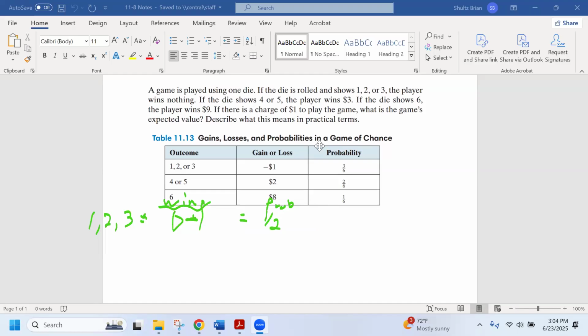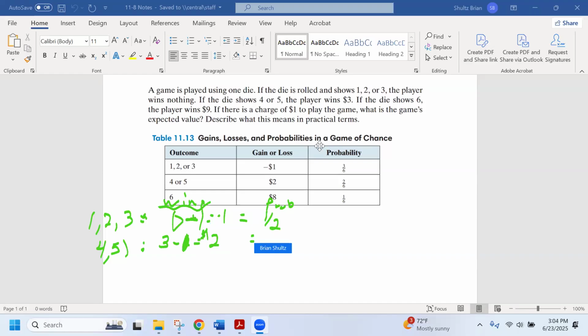If you roll a 4 or 5, you win $3, but you paid 1, so that equals $2. You paid 1, so you only get $2 for winning.